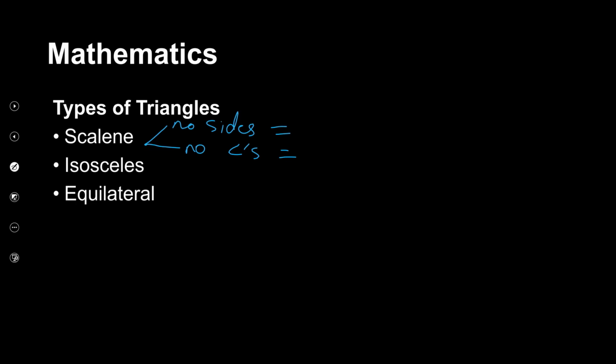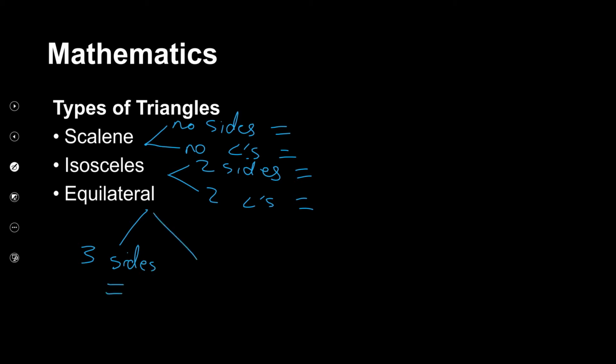With an isosceles triangle, we know that two sides are equal and two angles are equal. Then an equilateral triangle has three sides equal and also three angles equal, right? So those are the properties of these types of triangles.